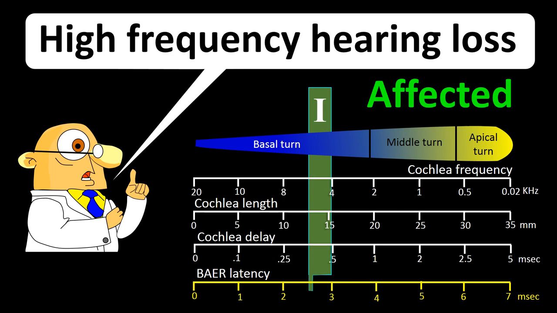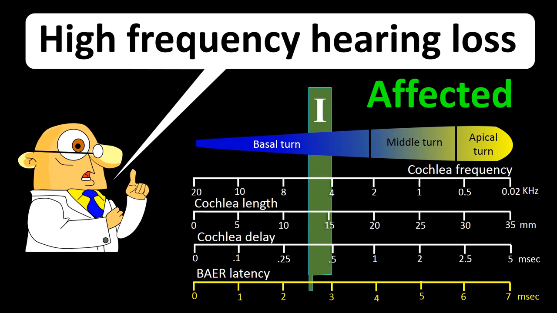In patients with high frequency hearing loss, wave 1 is generated by lower frequencies, starting further from the start of the basilar membrane of the cochlea, thus producing a cochlear delay, leading to a wave 1 delay.